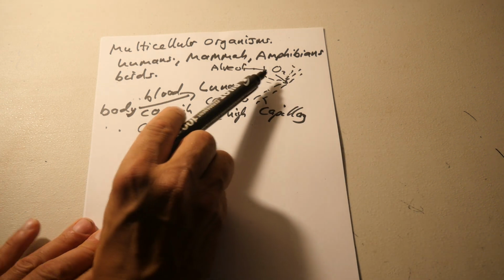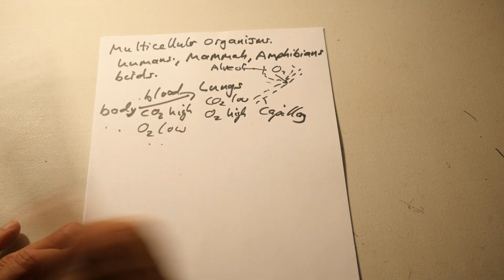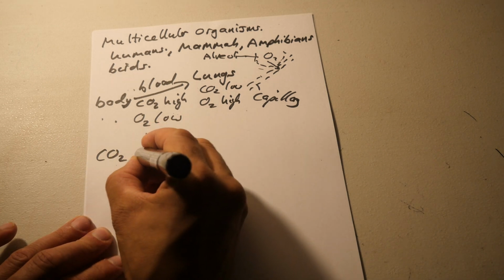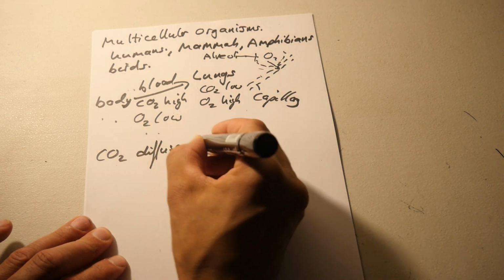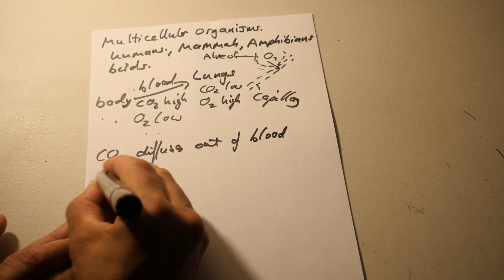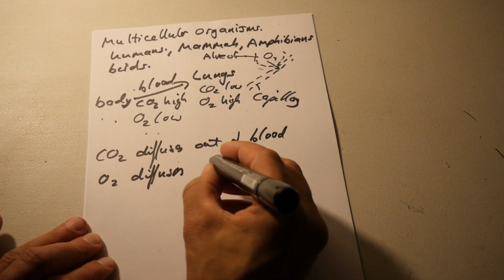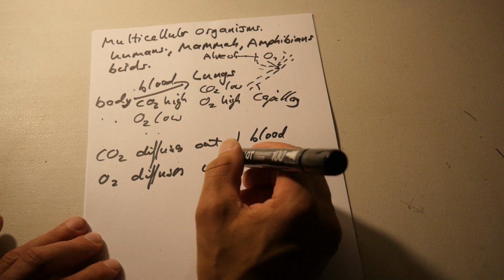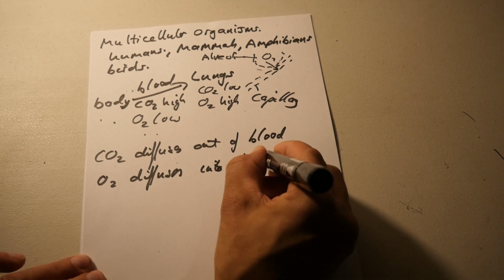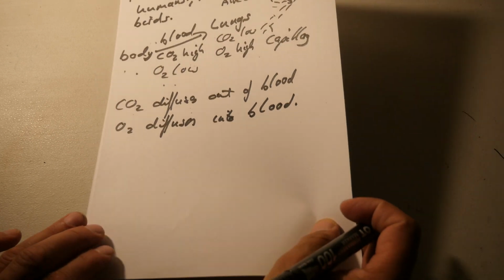Oxygen flows out into the capillary, and CO2 leaves the capillary into the lungs, and you breathe it out. That diffuses into the blood. I'm sorry for shaking the camera, it's a slight accident.